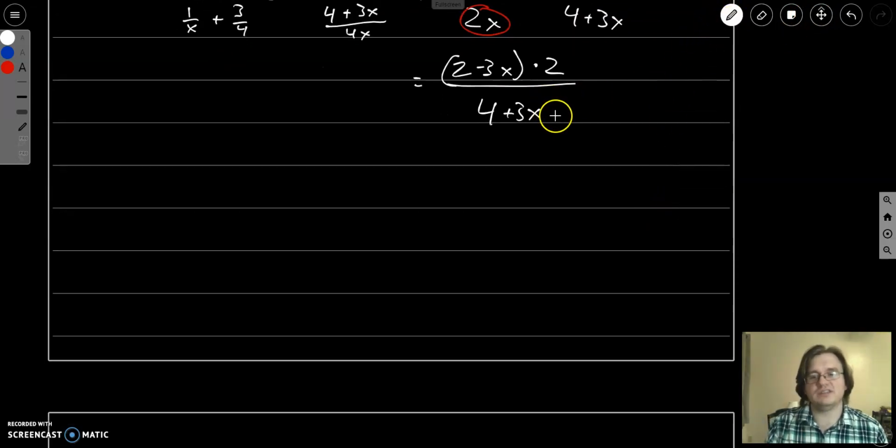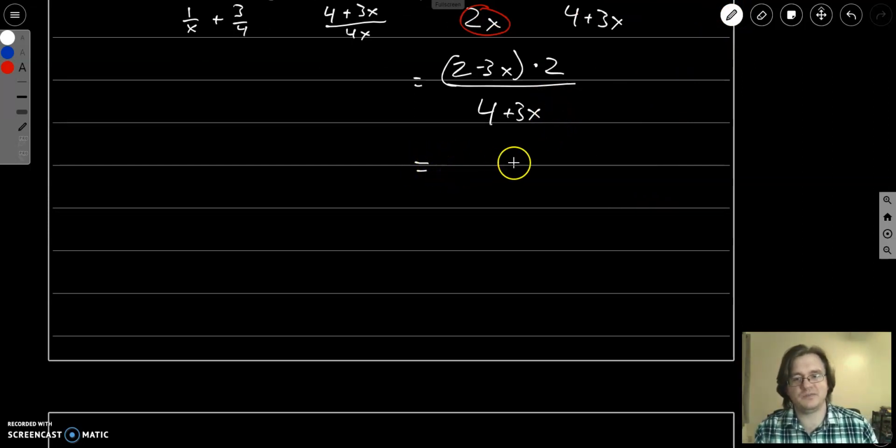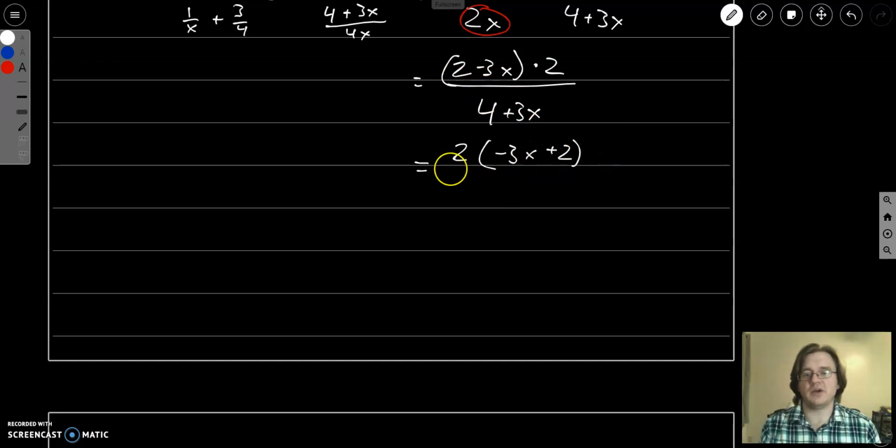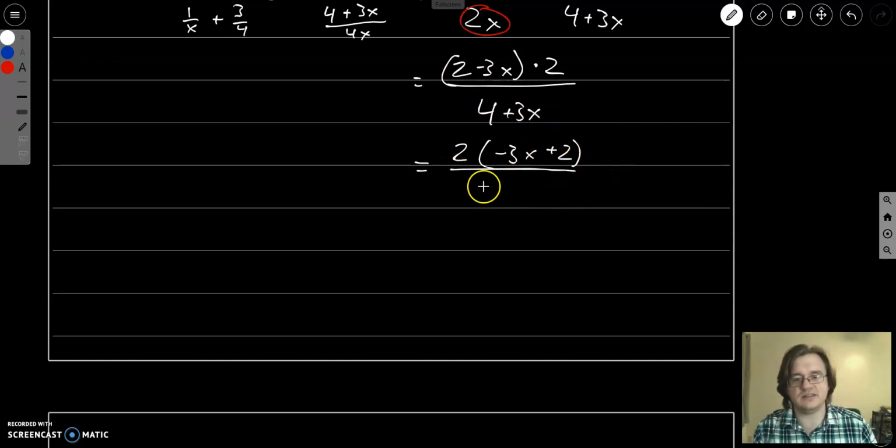I'm going to rearrange this so that it looks nicer though. First of all, I like to put the numbers out front, and I like to put the terms with x in decreasing order. So I'll write the negative 3x plus 2. This is certainly not necessary, and I'm only doing this because I think it looks a little nicer and easier to read.